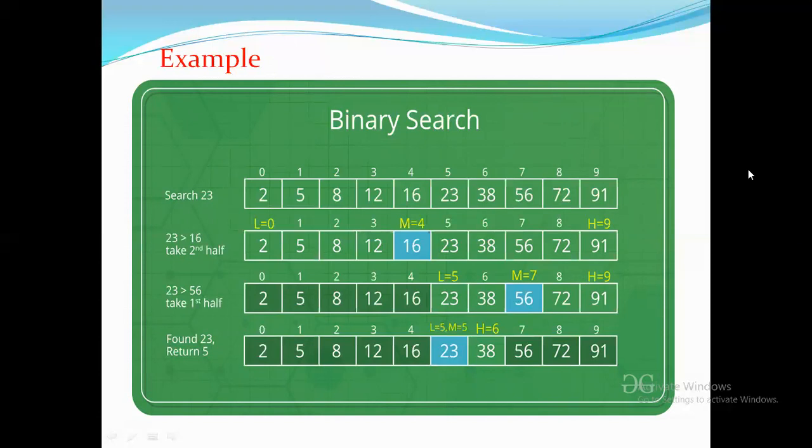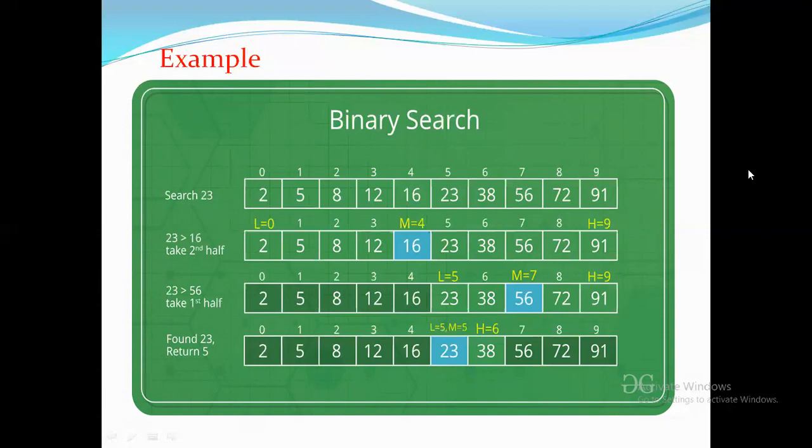Is 23 greater than 56? No, so we modify the high: high equals middle minus 1, so high becomes the sixth position. Then 5 plus 6 is 11, 11 by 2 is 5. The fifth position element is 23, so the element is in the list.